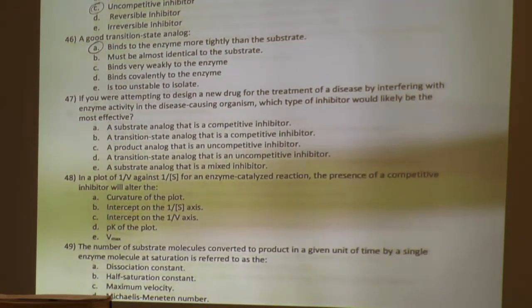If you were attempting to design a new drug for the treatment of a disease by interfering with enzyme activity in the disease-causing organism, which type of inhibitor would likely be the most effective? It'd be D, because the uncompetitive inhibitor doesn't have to fall off when the substrate binds.